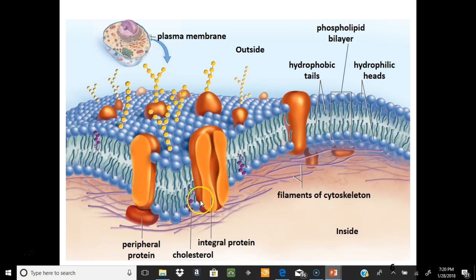These little purple structures here and here, those are the cholesterol molecules that strengthen and stabilize the membrane. This is the phospholipid bilayer. You have the outside and the inside of the membrane. And then you have the cytoskeletal filaments that attach to the plasma membrane, and they help to give the cell more structure.